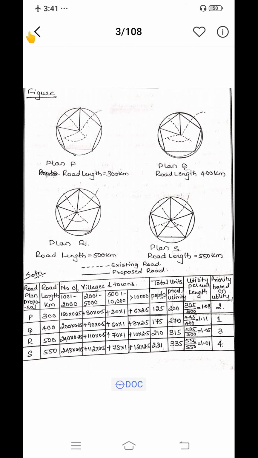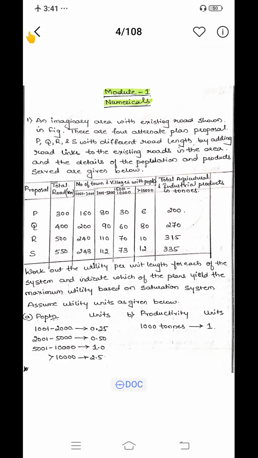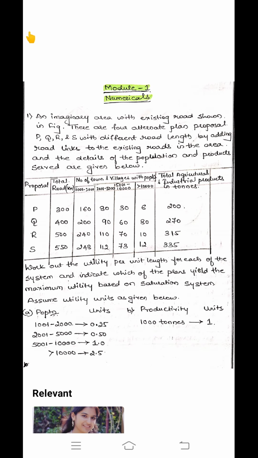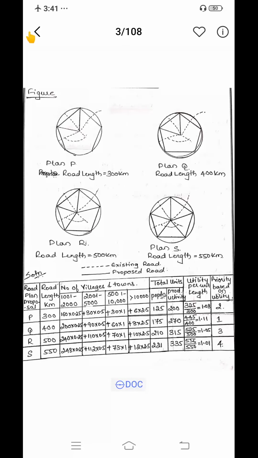125. And the product utility unit is 1. In terms of tons, for P it is 200 into 1, so 200 itself. Therefore the total utility is 200 plus 125 from the population, which is 325.